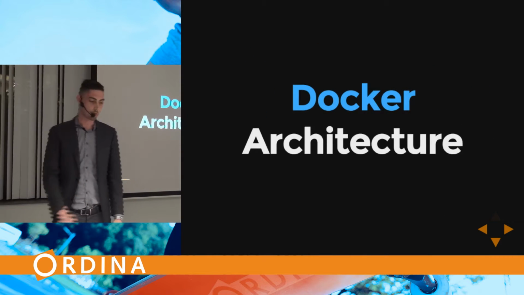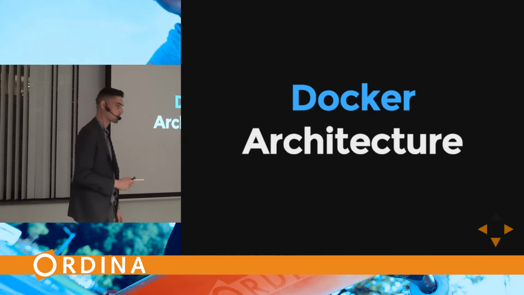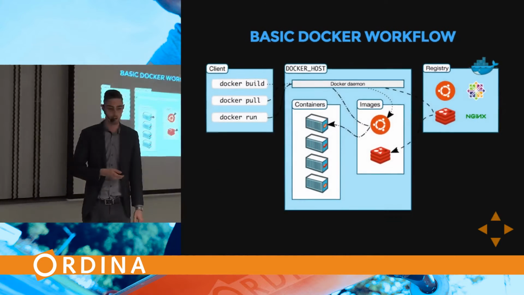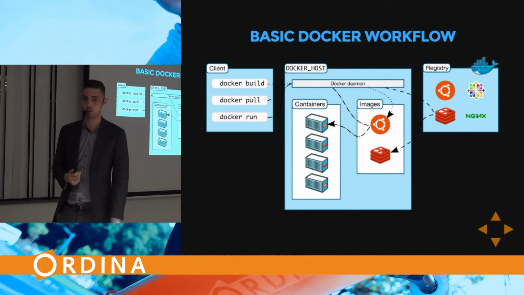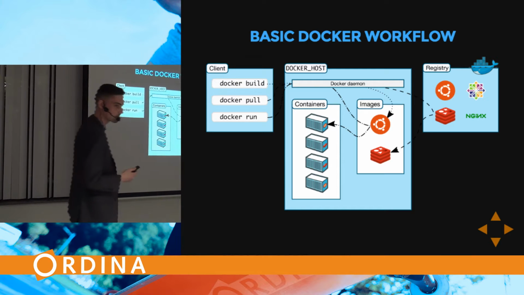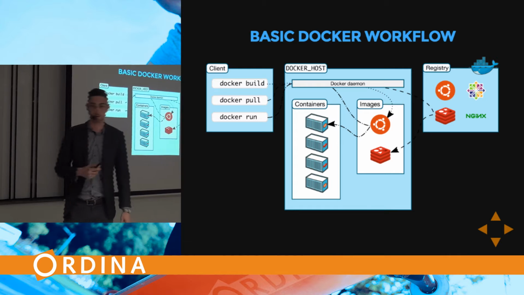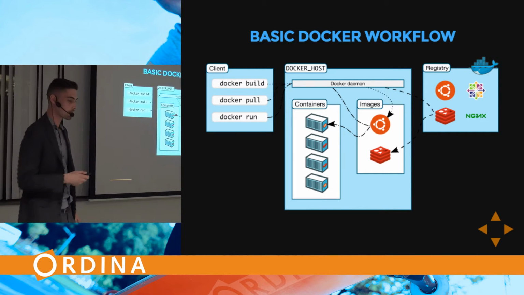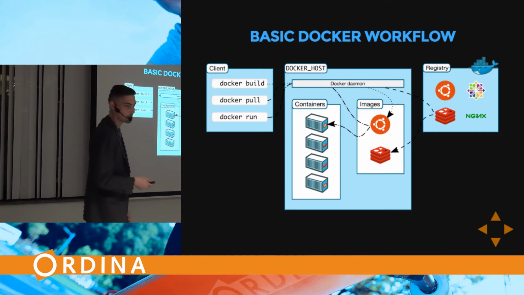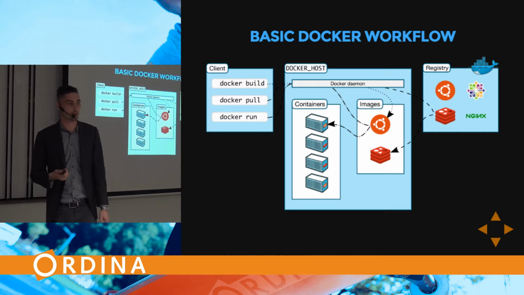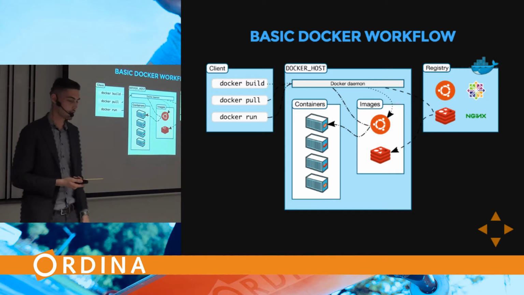So let's talk a bit about the architecture and what the main components are of Docker. So this is a basic Docker workflow. You can see three main parts. You have your client. This is you doing some Docker instructions. You have your host. This can be a virtual box on your machine, or it can be a server, which has a Docker daemon running.